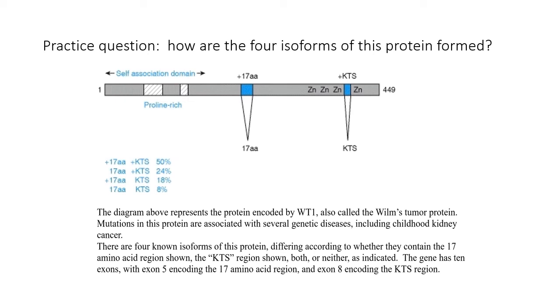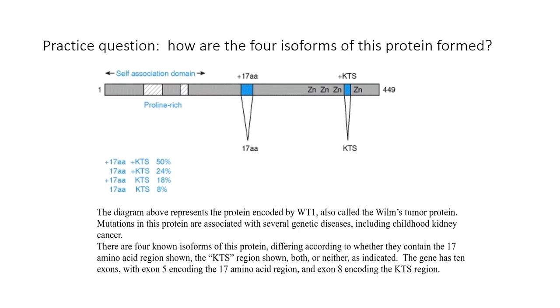We have 2 regions which may or may not be there in the final protein, and the reason they are or are not there is whether or not the exon that included them was retained or skipped during splicing. So the exons under consideration are exon 5, which encodes that 17 amino acid piece, which may or may not be there in a particular isoform, and then the KTS region, which is encoded by exon 8. So those are the alternative exons that may or may not be included in any final RNA, depending on how the splicing goes.